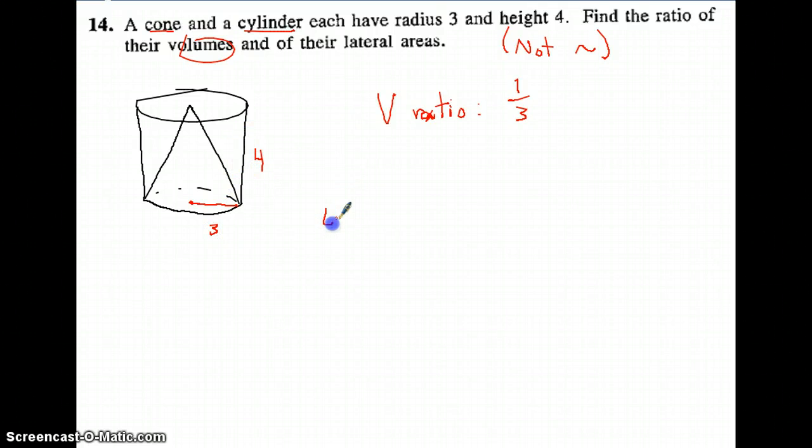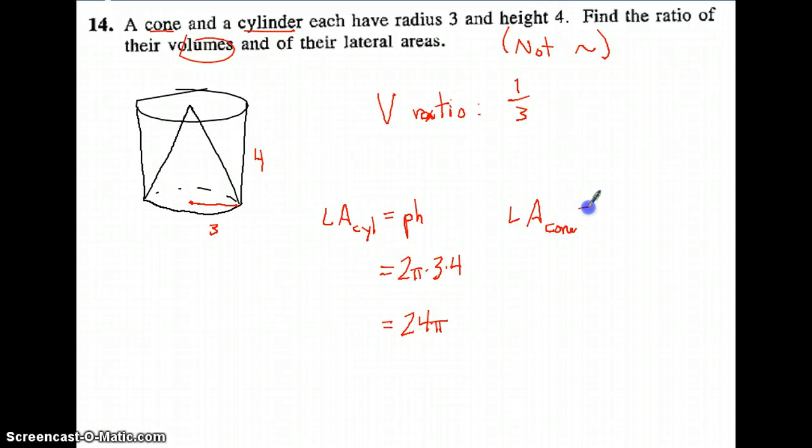So lateral area of the, how about the cylinder first? That is PH. That's the perimeter of the base, which is 2 pi times 3, times the height, which is 4, which is 24 pi. The lateral area of the cone is half PL.